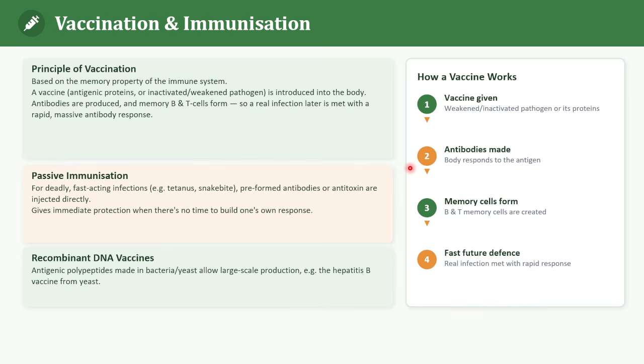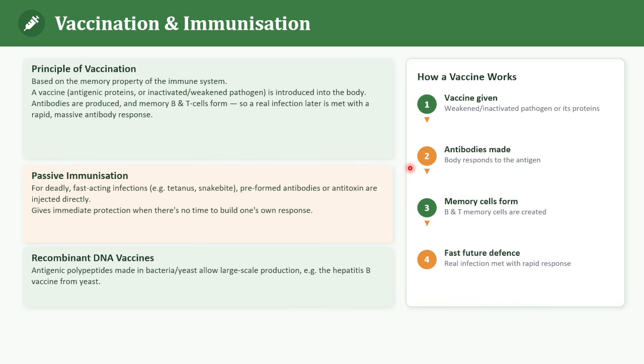So if the real pathogen enters the body later, the immune system can recognize it quickly and produce a strong response. Think of vaccination as training before the real battle. The immune system gets a chance to learn about the pathogen before the actual infection occurs.